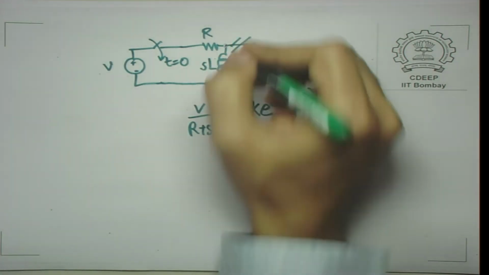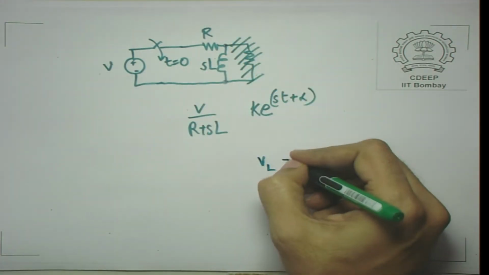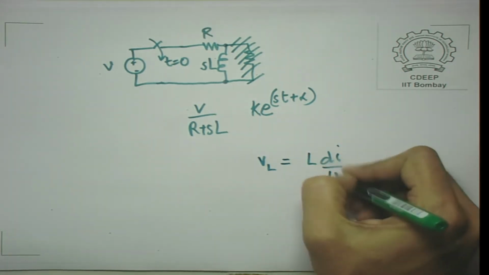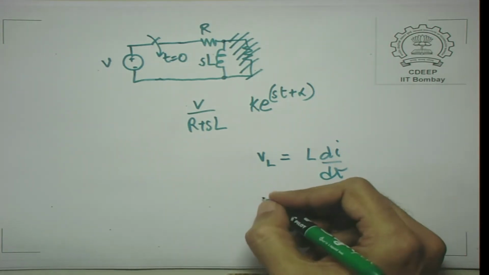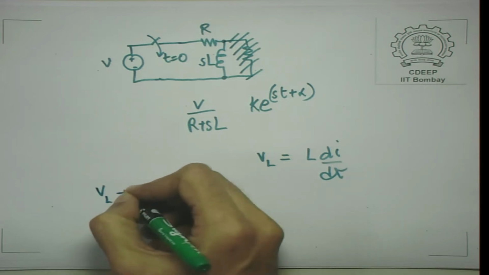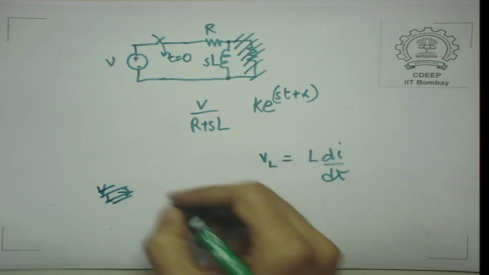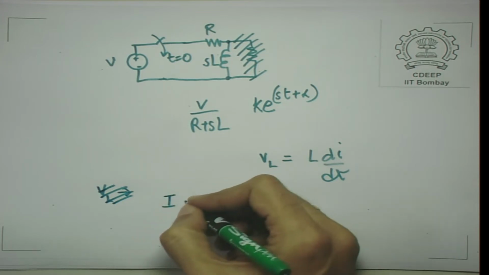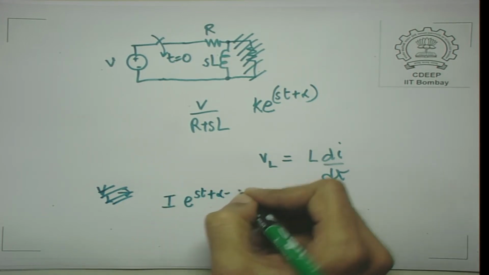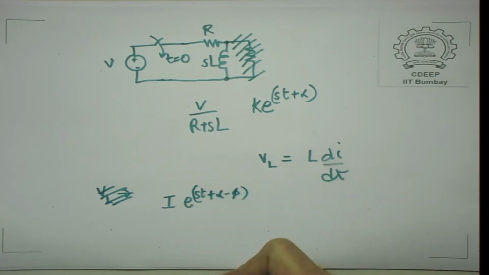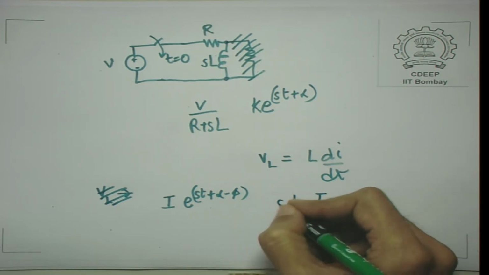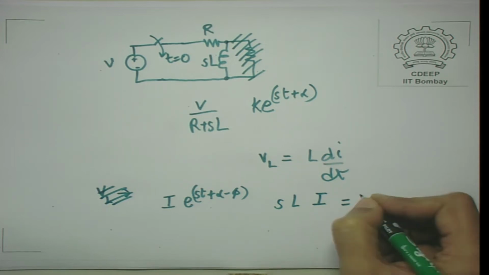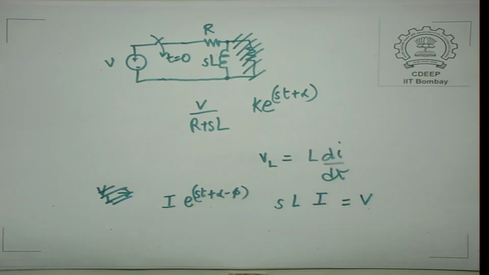It is not surprising, because the voltage across the inductor, which I will call VL, satisfies the equation VL equals L di by dt. So, if IL is I e raised to st plus alpha minus phi, suppose, in that case your voltage will be L into I into S. What you will find is the voltage is this, because if you take the derivative of e raised to st, S will come out.